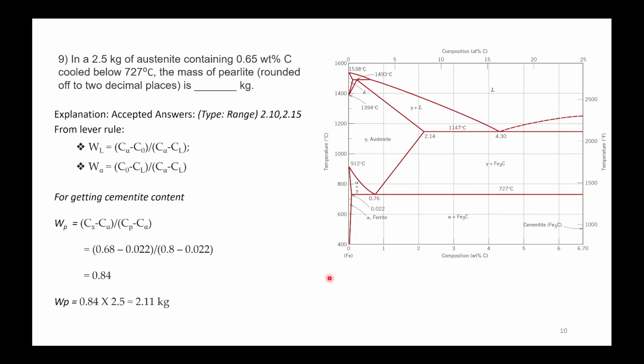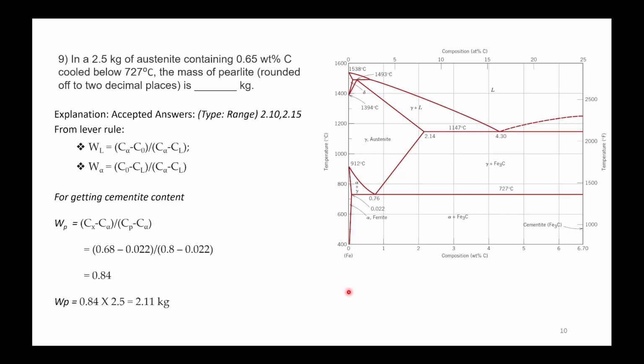In that case, cementite is considered a metastable phase, so it is not completely stable. If you heat it to a higher temperature for a very long time, then it will break into graphite. So it will convert into graphite and ferrite. So it's a metastable phase. That's why this iron carbide diagram is also a metastable diagram, not a completely equilibrium diagram.